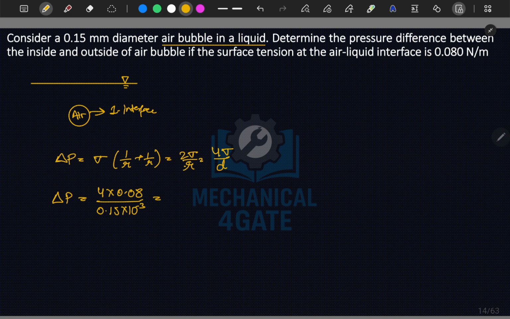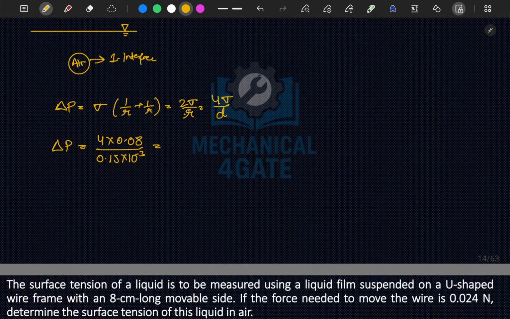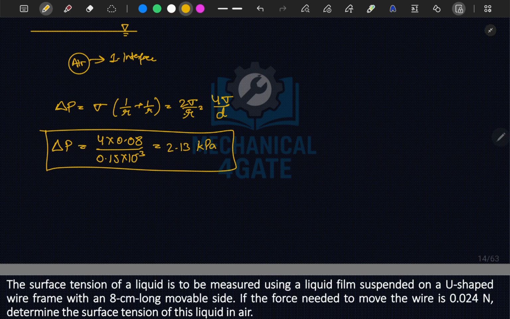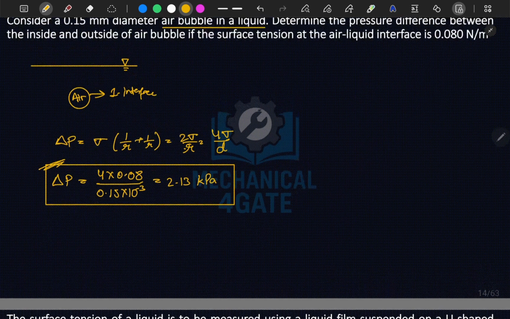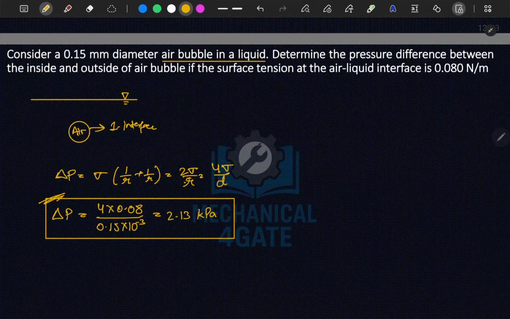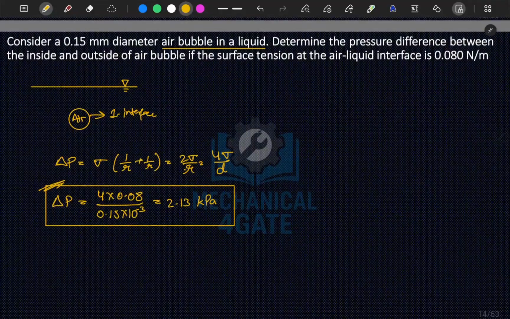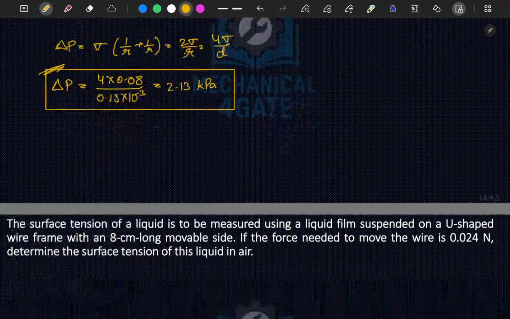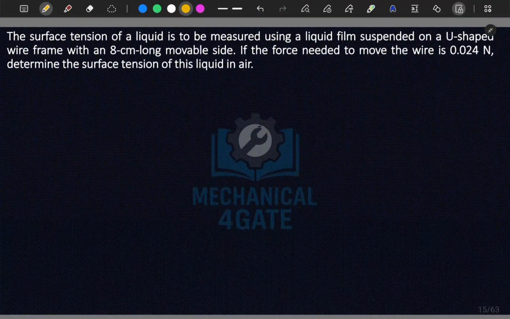If we solve this, 2 divided by 15 is 2.13, and this is 2.13 kilo Pascal. This is your answer. Now moving to the next question.